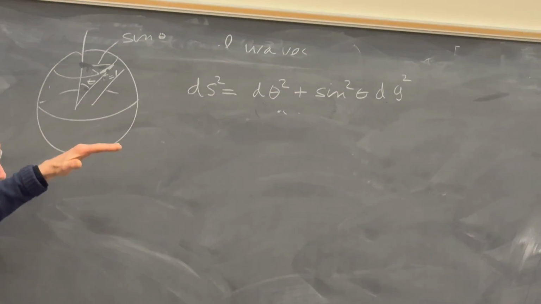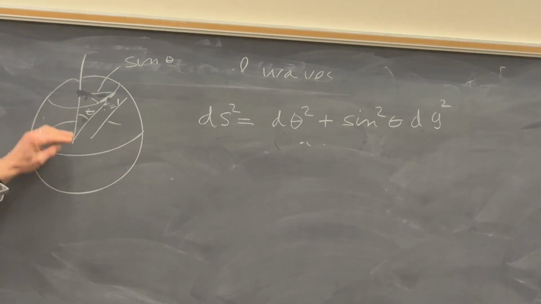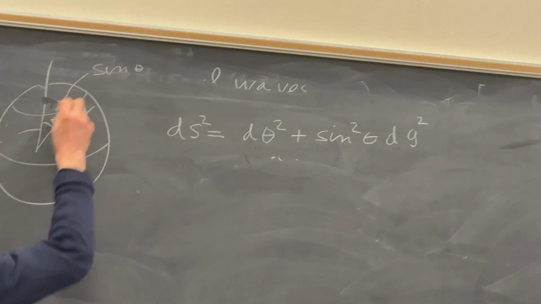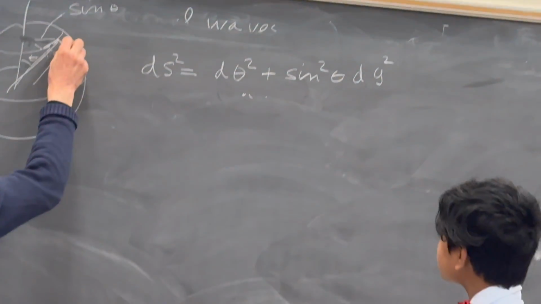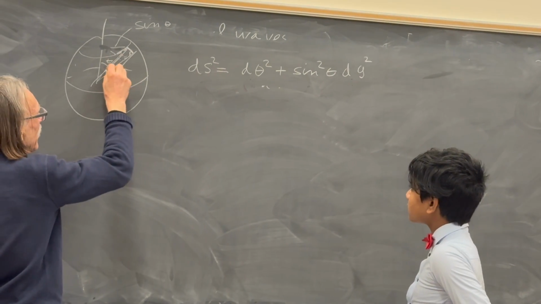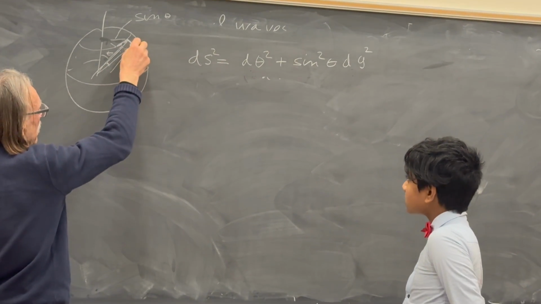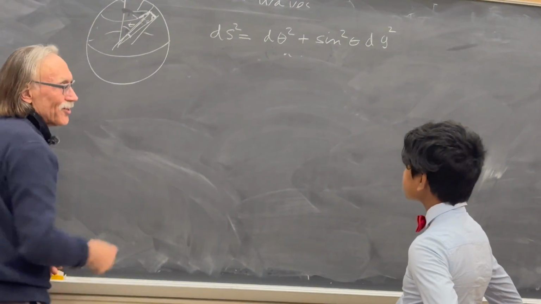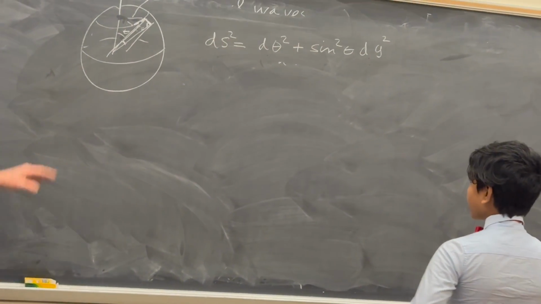Is that clear? Yeah. And for the theta angle, the radius is just 1. So if you move a little bit by d theta, this distance is d theta times 1.